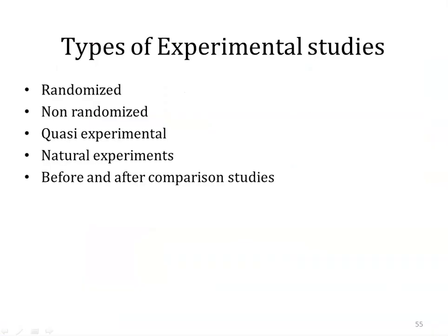Now there are different types of experimental studies. They can be randomized. Randomization is a procedure of random allocation of study participants to two groups, one group being given the new drug and the other the placebo.